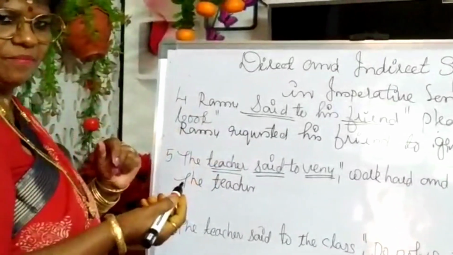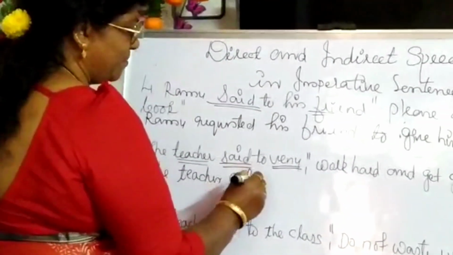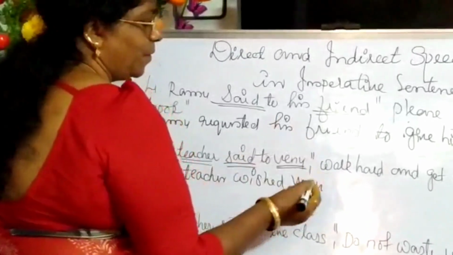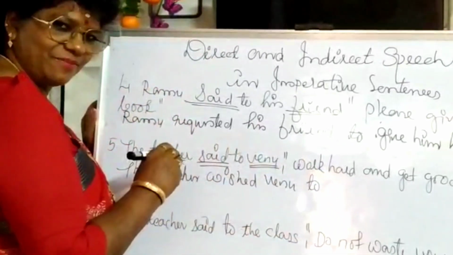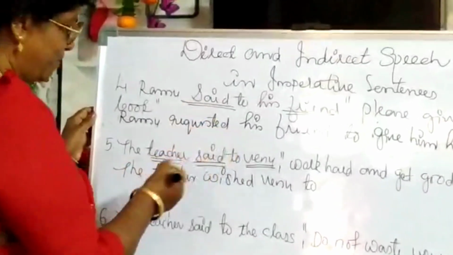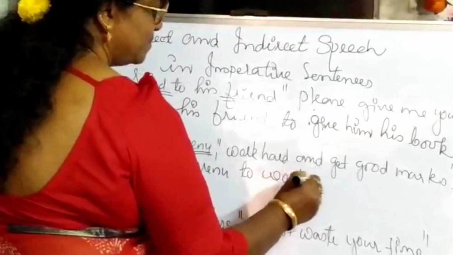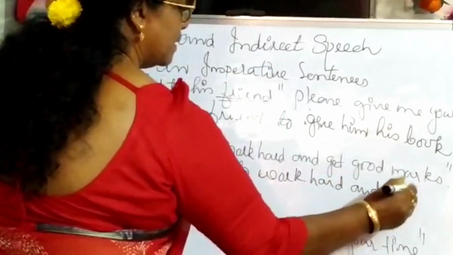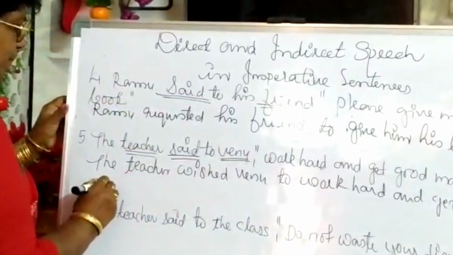So here: The teacher wished Venu to work hard. The to infinitive we use for joining the two sentences. Are you all following me? It's very interesting. You have to grasp and go. The teacher wished Venu to work hard and get good marks.